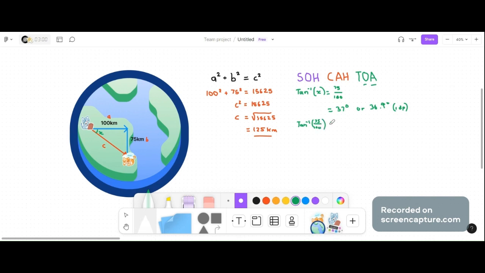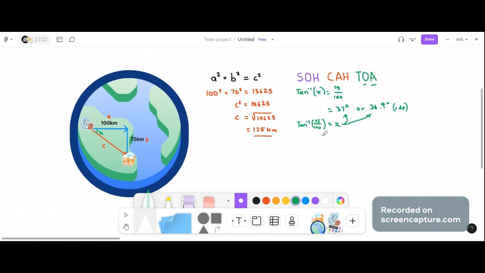And that should give you your x value, which is what we got up here. So 36.9 to 1 dp, or 37 if we want to round.